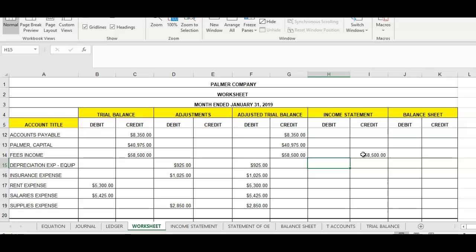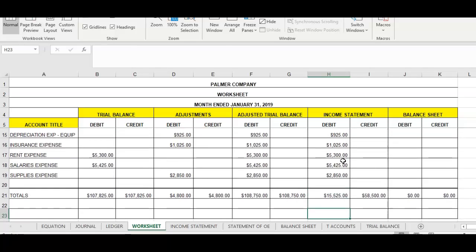Then all the expenses for depreciation, for insurance, for rent, salaries, and supplies, they all have a debit balance. So all we did was transfer the revenue and expense balances from the adjusted trial balance over to the income statement section of the worksheet.